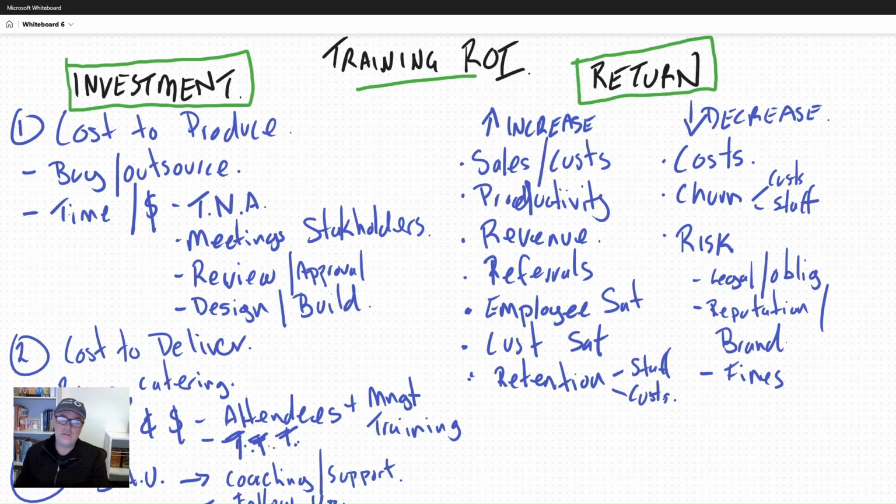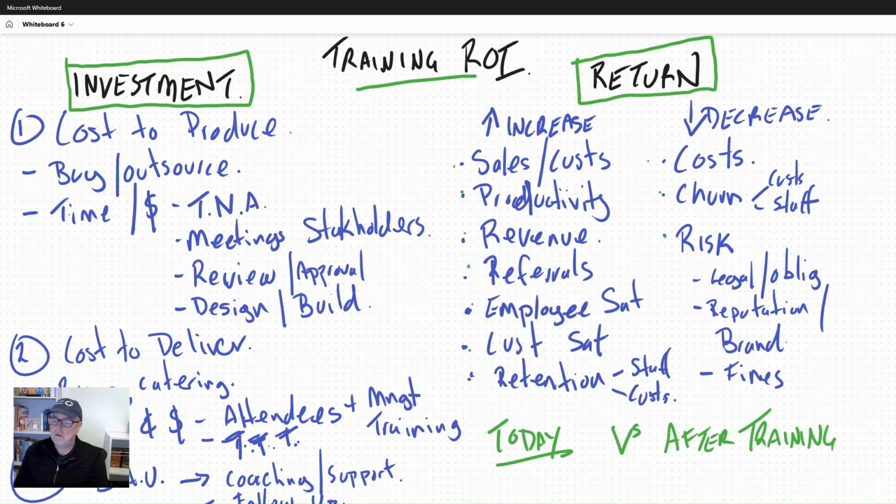These are the components that we can look at to help us calculate it, but we don't really know what it is until we can measure what is happening today in all of these areas versus what is happening after training. And we won't know that unless we are measuring these things.